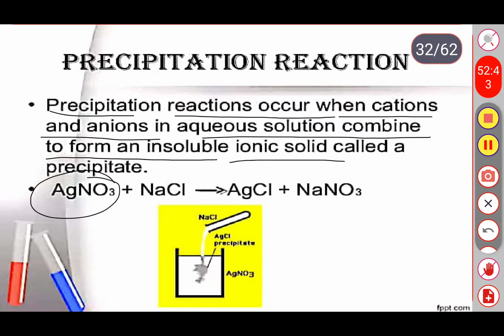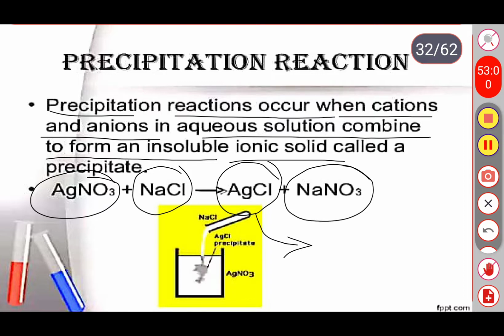Here silver chloride is the precipitate. Usually the precipitate occurs in the solid state. So these types of reactions we call precipitation reactions.